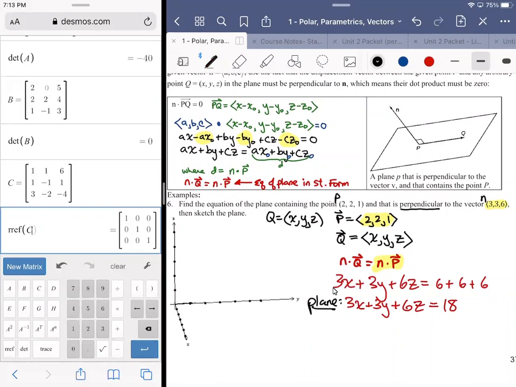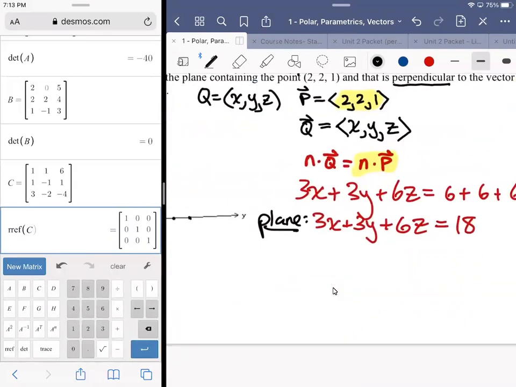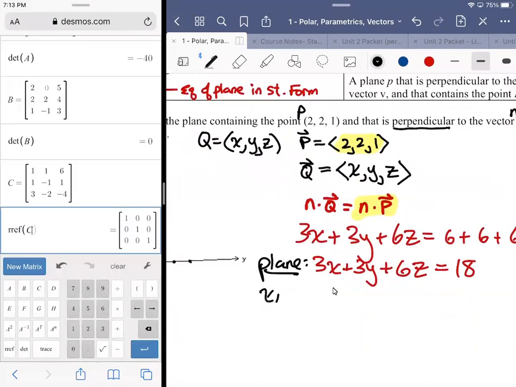All right. So that plane is going to contain the point 2, 2, 1. And it's also going to be perpendicular to the vector 3, 3, 6. All right. Now, if I want to sketch the plane, what I do is I find the intercepts. I find the x-intercept, y-intercept, and z-intercept. So x-intercept.